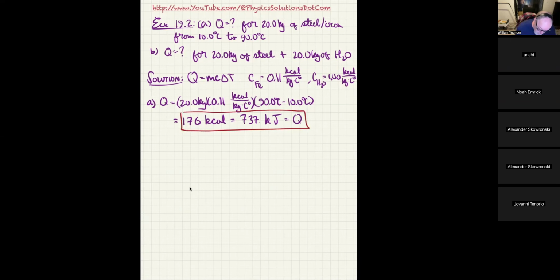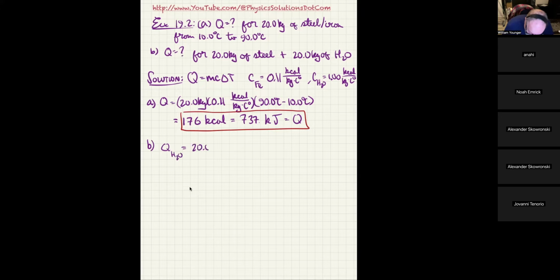Now, when I want to do part B, which is the empty vat plus 20 kilograms of water, what I know is I just need to take that calculation I did for the steel and combine with that the answer that I get for water. So I'm going to say Q H2O, and that just means how much heat additionally is going to be required for the 20 kilograms of water.